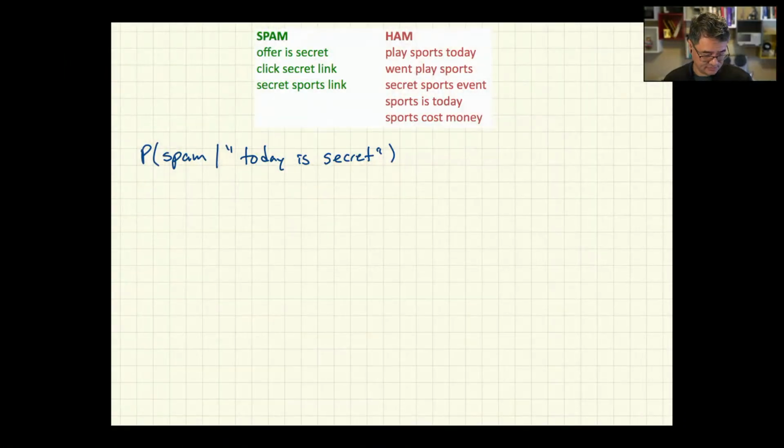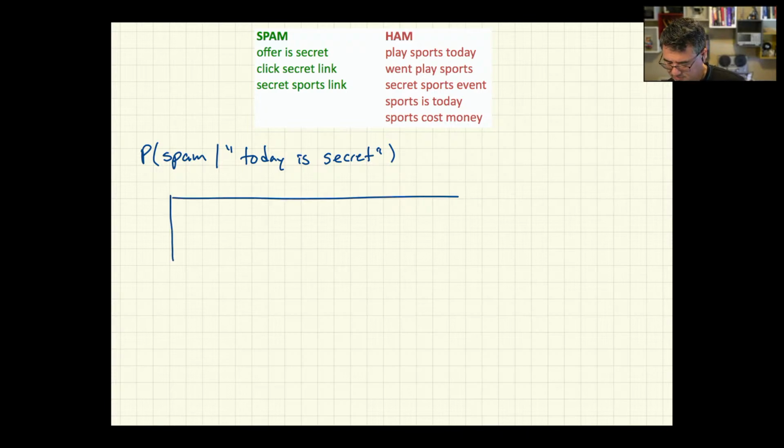So we'll do one more calculation. The message to come in is, "today is secret." What's the probability that it's spam? So we'll set up our table.